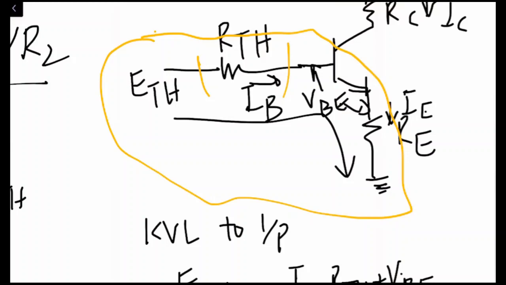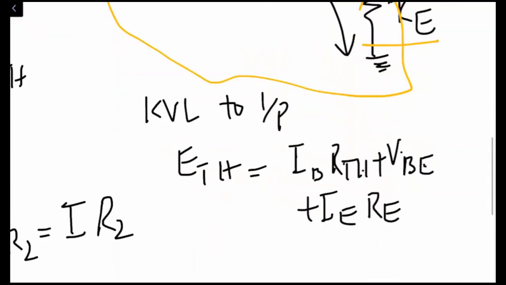Then we have the drop in the base emitter junction, which is VBE, and then we have a drop across the RE resistance, which is RE into IE. And we have written the equation over here. Are you with me? Yes, sir.